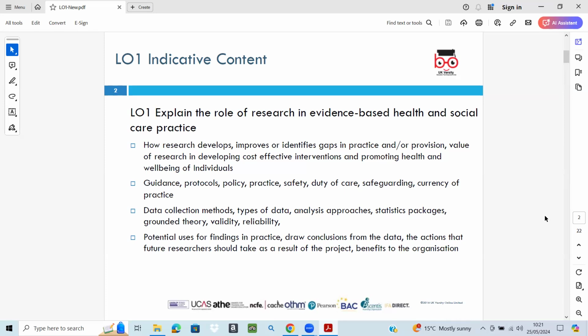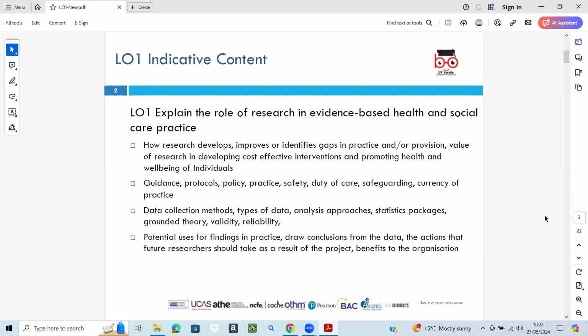Then we have potential uses of findings in practice. Okay, so drawing conclusions from the data, and the action that future research should take. If we discuss drawing conclusions from data, we can say that it is analyzing results to understand the implications and effectiveness of an intervention.